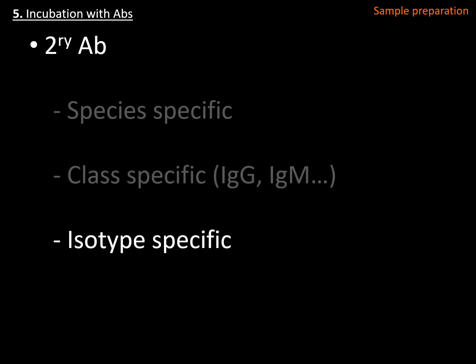As well, if your primary antibodies are both from the same class but are from different isotypes, you can also have at your disposal secondary antibodies that are able to discriminate between different isotypes of, for instance, IgGs, and you can detect an IgG1 and an IgG2 from mice and be able to label the two targets specifically and without interference from one another using the primary antibodies from mice.